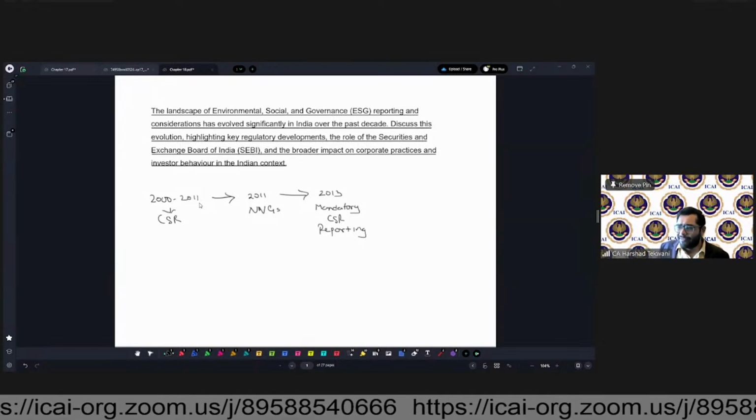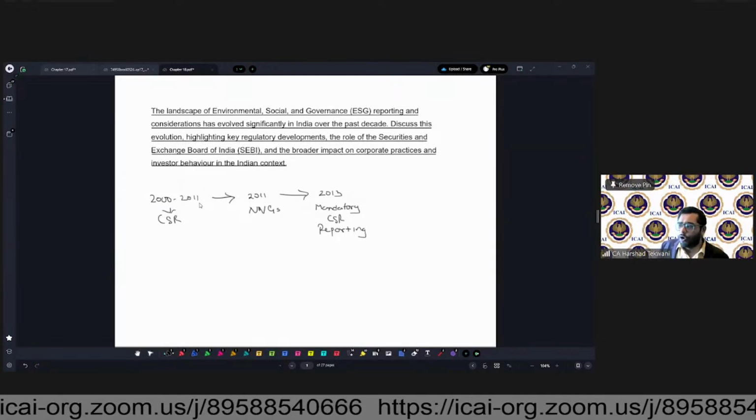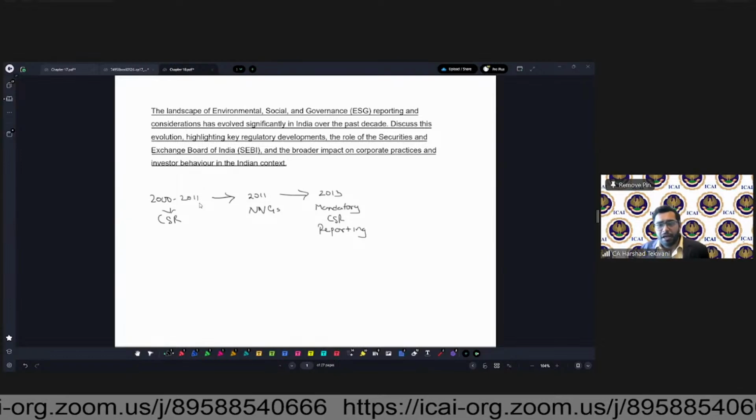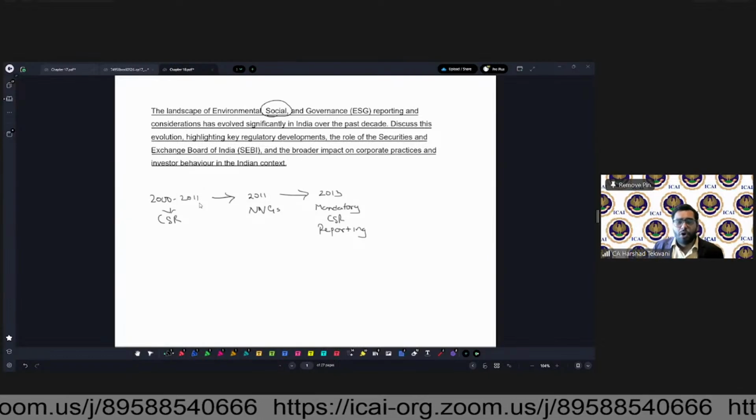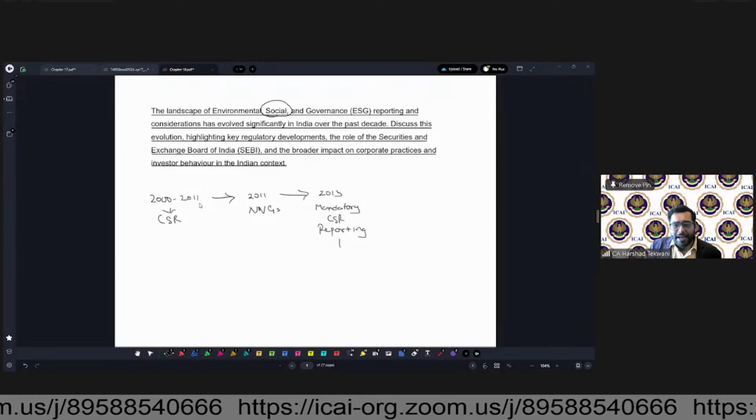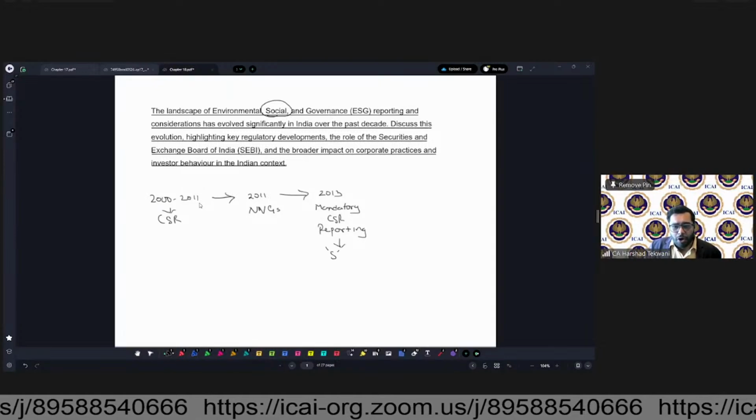So CSR started, but CSR only focused on one part of the ESG. That's the social part, not the environmental, not the governance. CSR only catered to the S of ESG.